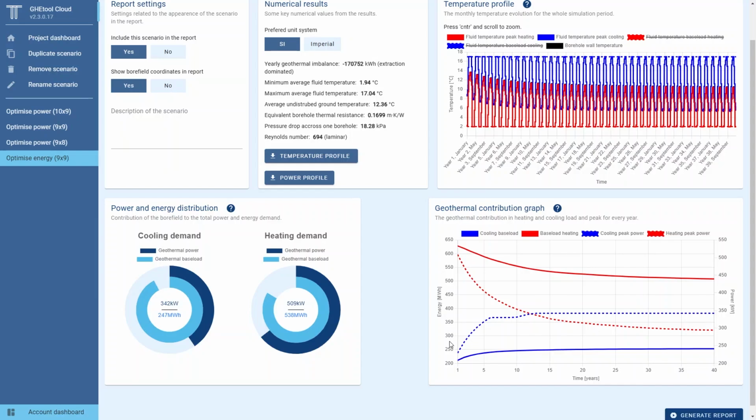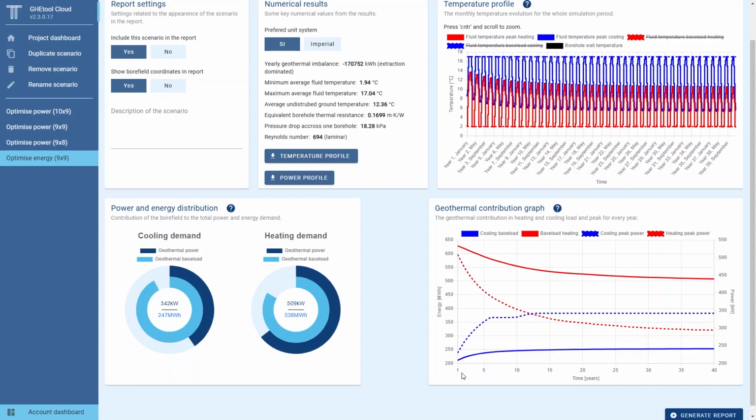So since every year is different, we needed a graph to show this to you as a user. And this is what the geothermal contribution graph looks like. So what you see here is in every year, you see the heat and cooling peak power and also the base load in both heating and cooling.